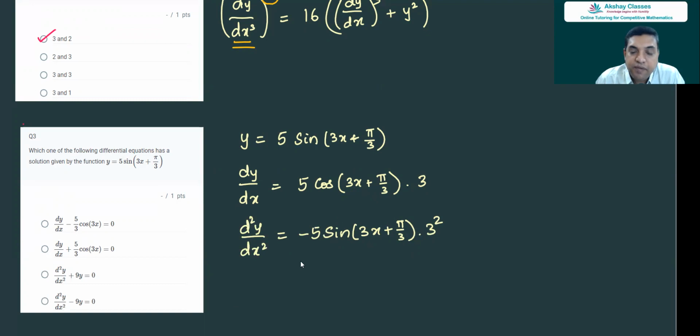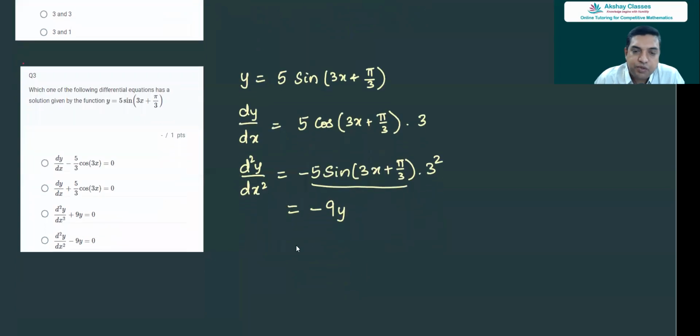So we get 9. Now, this is 5 sine 3x plus pi by 3, which is y. So this term is y. So we get minus 9y. So the differential equation will be d2y by dx2 plus 9y equal to 0.